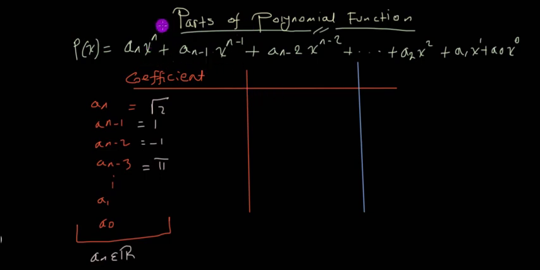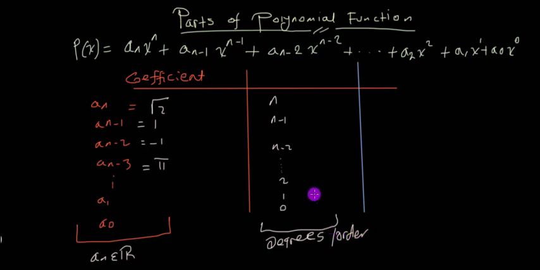Now we have the exponents here: n, n minus 1, n minus 2, and finally 2, 1, and 0. These are called the degrees, or order, of the polynomial function.